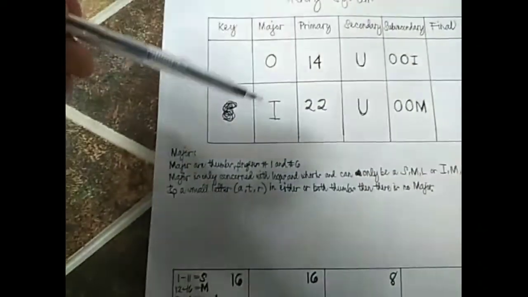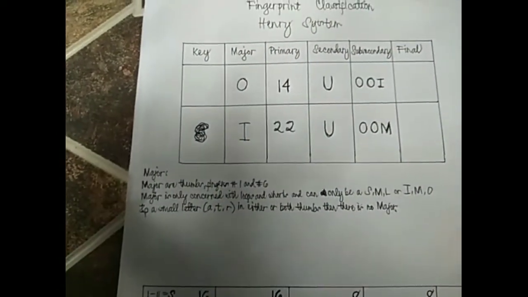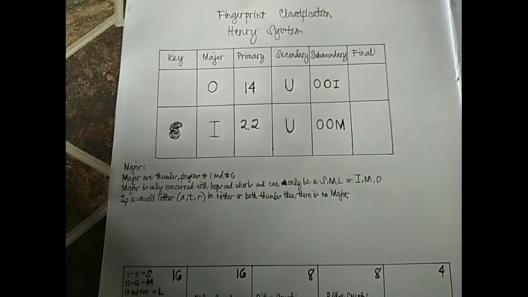Then if finger number 6 is an ulnar loop with 10 ridge count, then 10 is capital S. So you will put here capital S in the denominator. And that's how you determine the major.